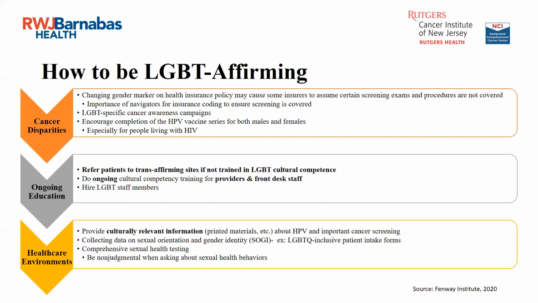You want to have culturally specific or relevant information targeting the LGBT community in relation to HPV and cancer. The other thing is collecting data on sexuality and gender identity in your intake forms. That's very important for demographic purposes. And the other thing is doing comprehensive sexual health testing, asking about specific behaviors and being non-judgmental when doing so.